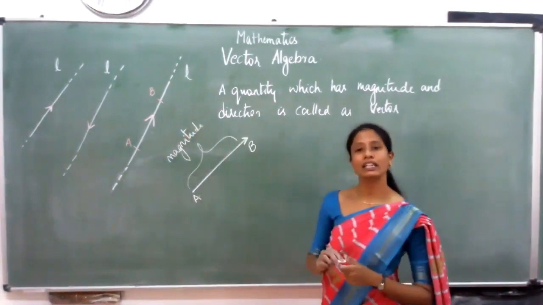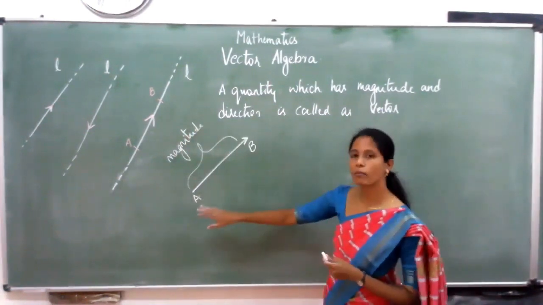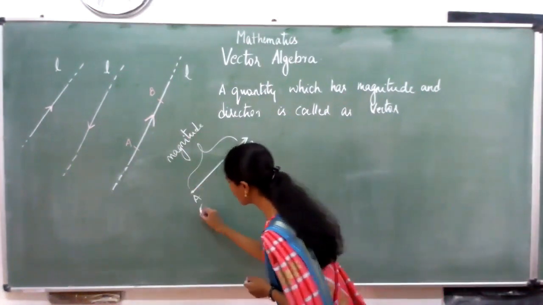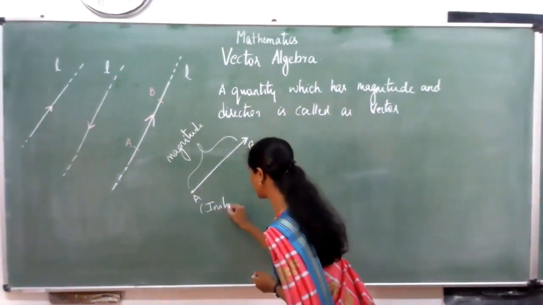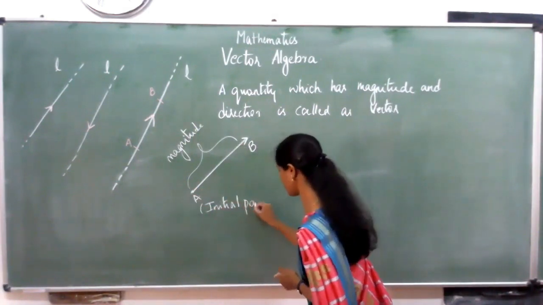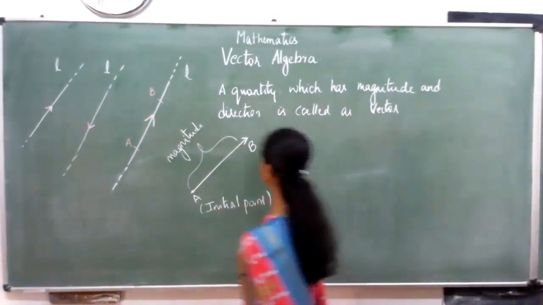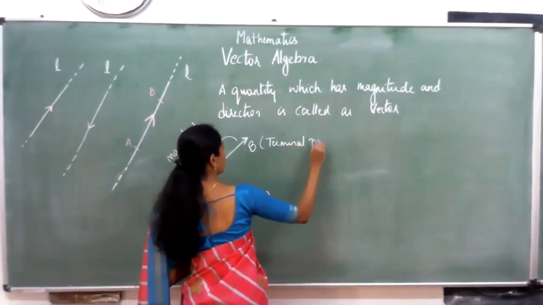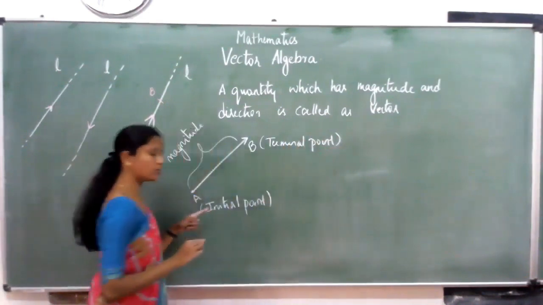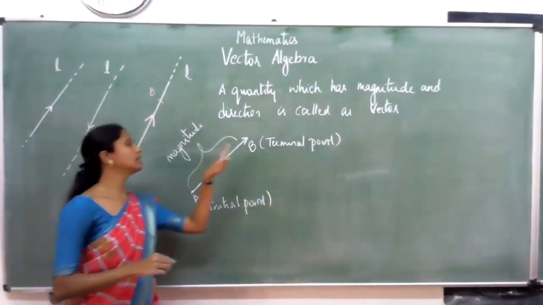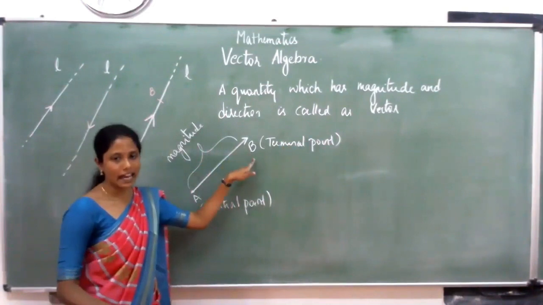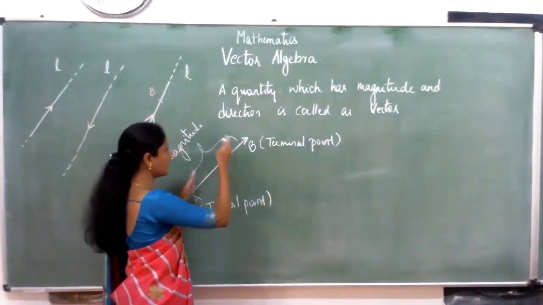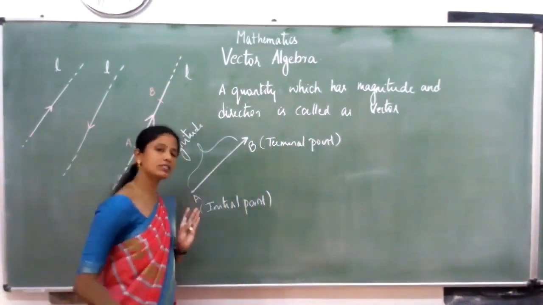Magnitude is nothing but the length, that is the distance from point A to point B, where point A will be called the initial point and point B will be called the terminal point. Initial point is where it is starting, terminal point is where it is ending. So here you have the directed line and the magnitude. So this is called a vector.